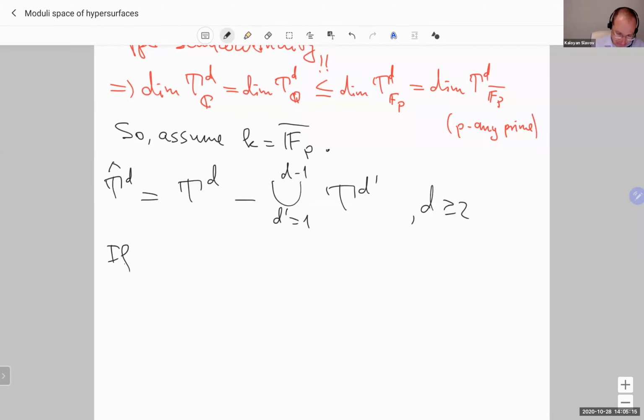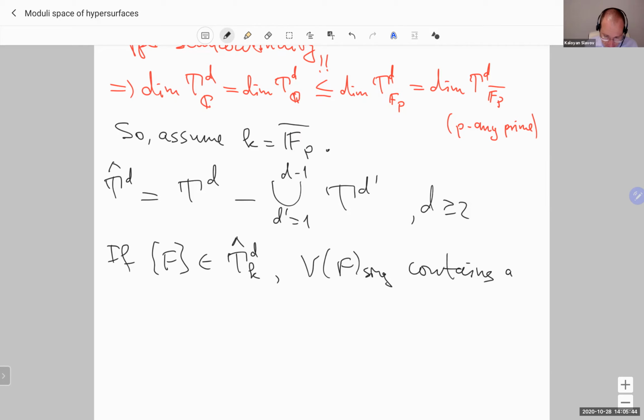If F belongs to TD check over K, then its singular locus contains an integral curve, surely, because the singular locus has dimension at least 1, but it's in none of the previous TD primes, and therefore V of F singular contains an integral curve of degree D. That's what we want.